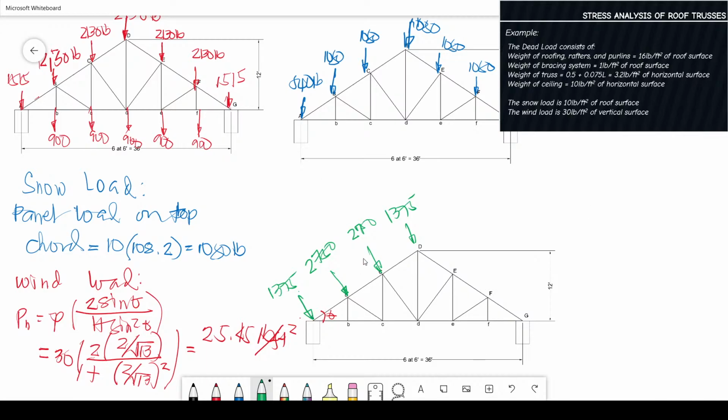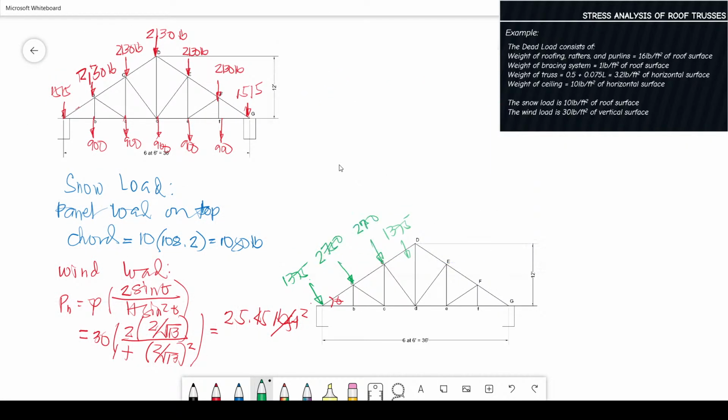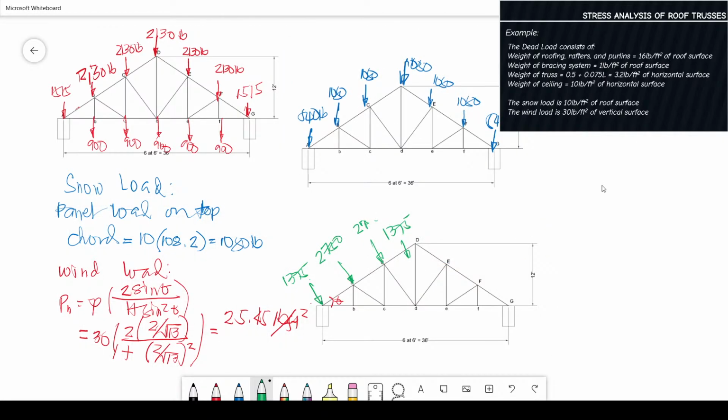For your convenience, I have to give you the values. Can you share? I don't have a picture. The members and their stresses. I didn't take a picture, so we can't share it right away. Oh, it can't be shared online. Let me just use Google Keep.